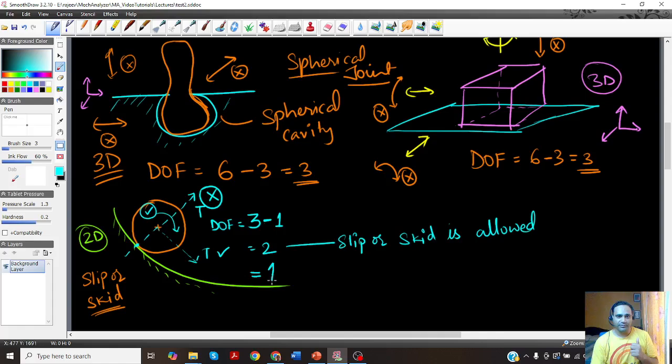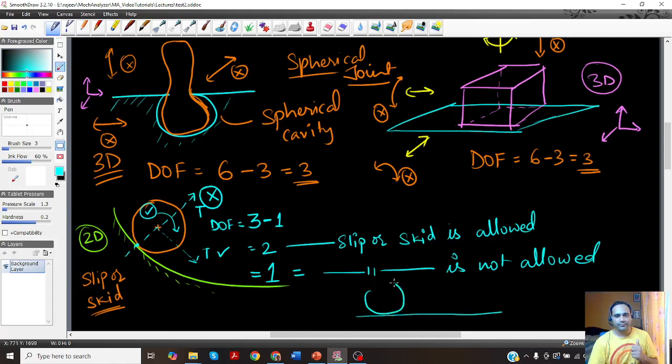However, if you assume an ideal situation where slip or skid is not allowed, that means there is a specific relationship between the translation and the angle rotated.